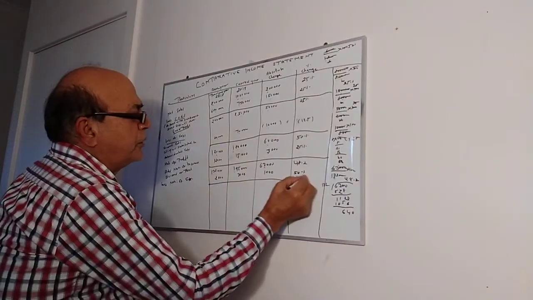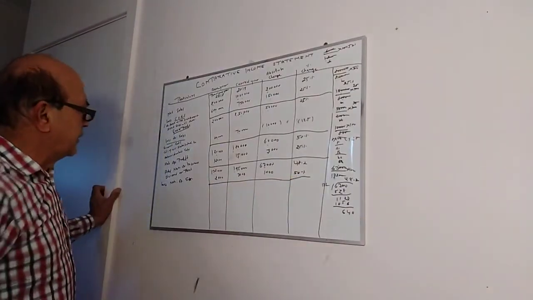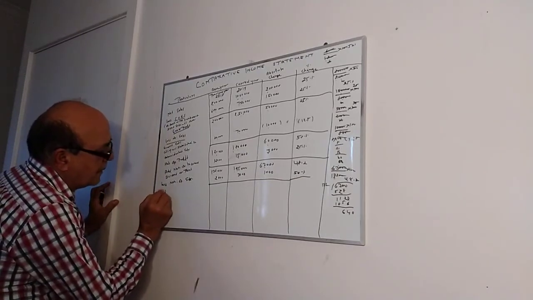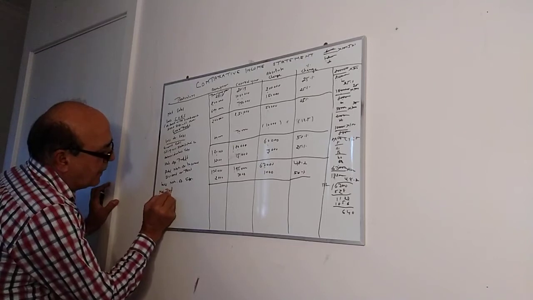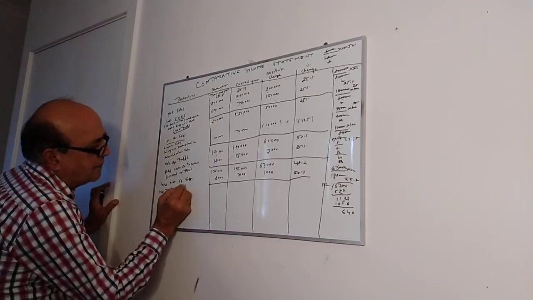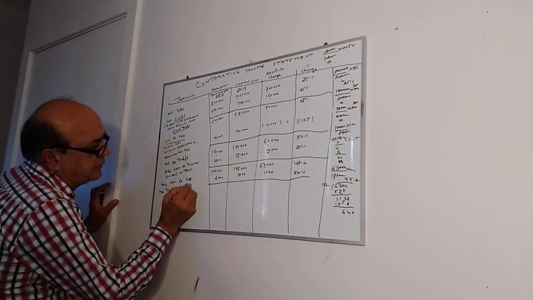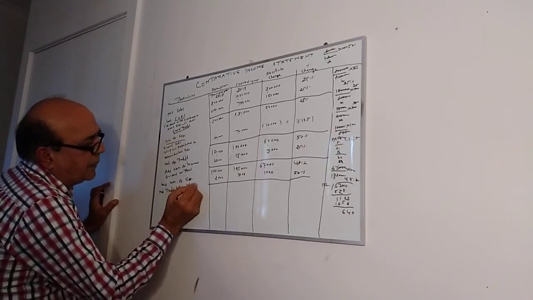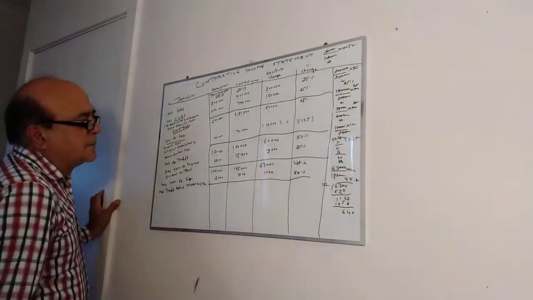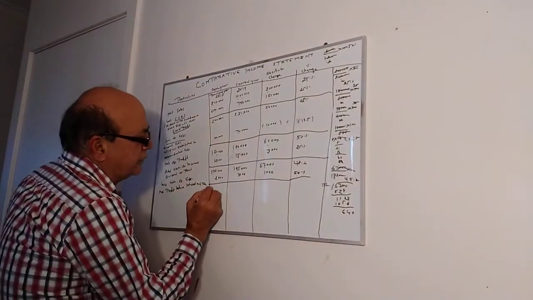Now this would be your net profit before interest and tax. So this is 1,30,000.